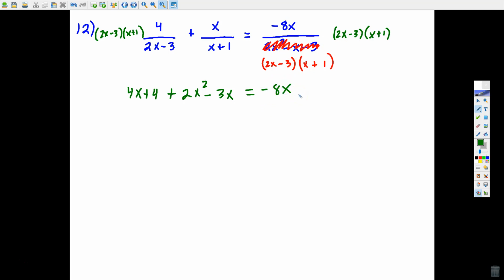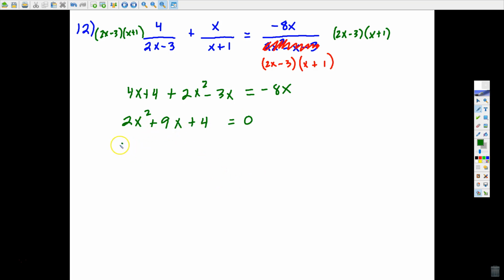Okay, so it looks like we're headed toward a quadratic equation. Let's put it in standard form and combine like terms. 4 minus 3x is 1x. I've got to add 8x to both sides, so x plus 8x is 9x plus 4 equals 0. Okay, so we're all good to go.